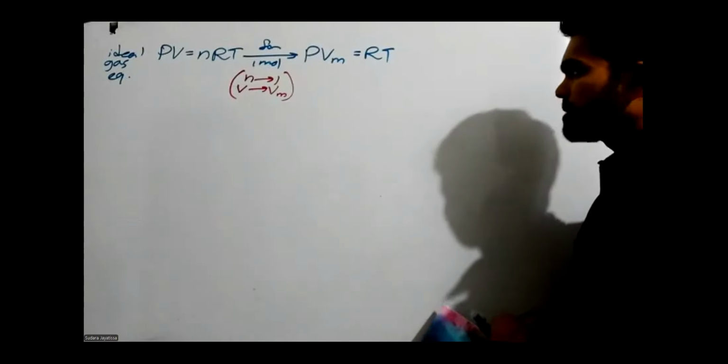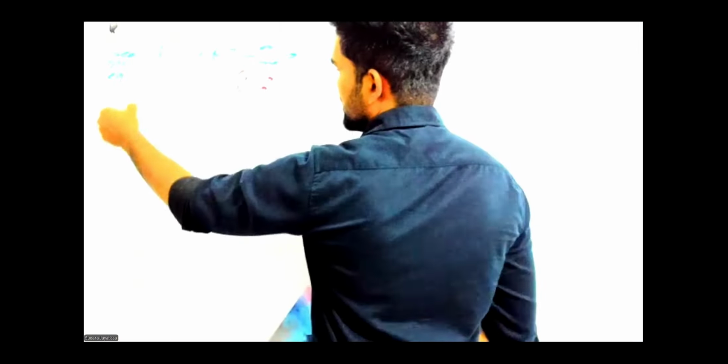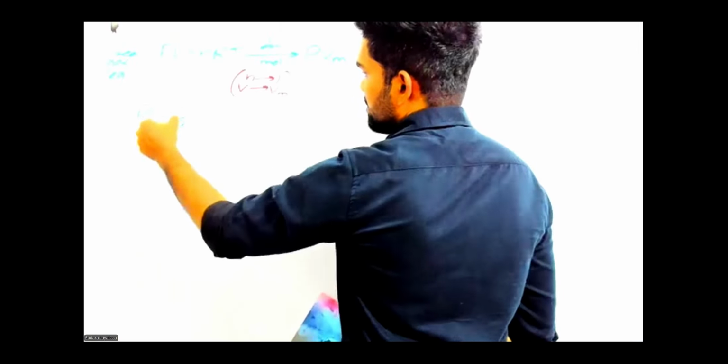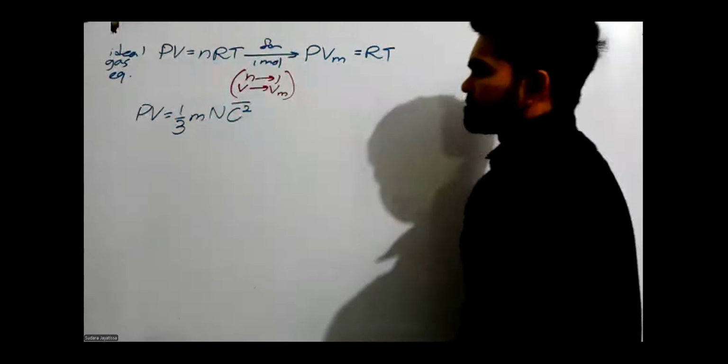Understood? PVm equal RT. Then you can take our kinetic molecular equation, PV equal 1/3 small m capital N c square bar.